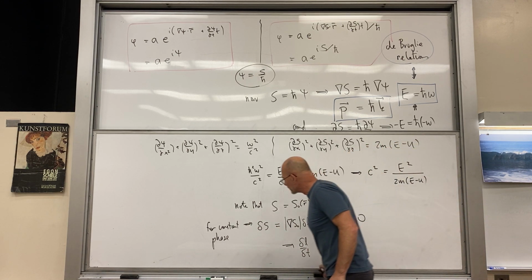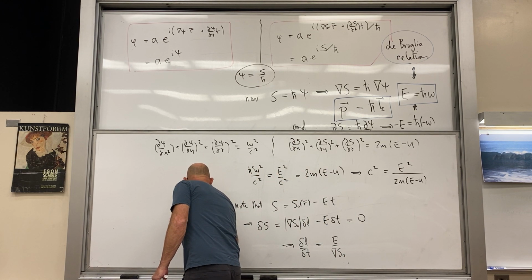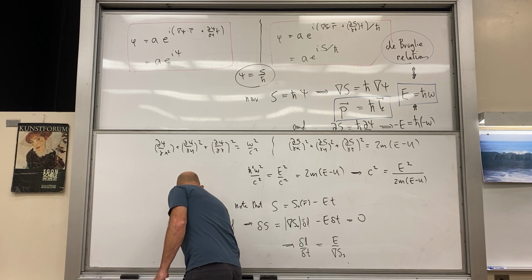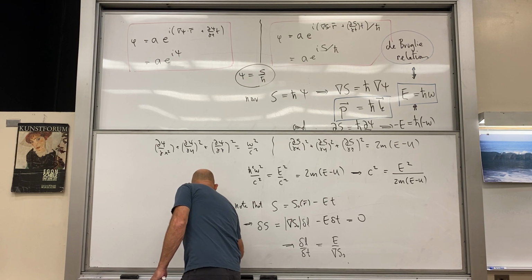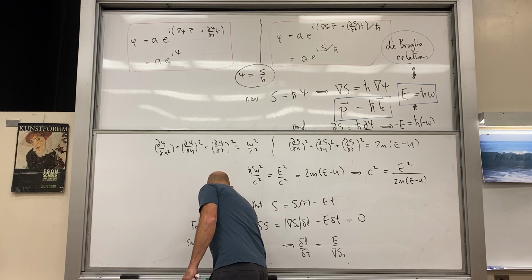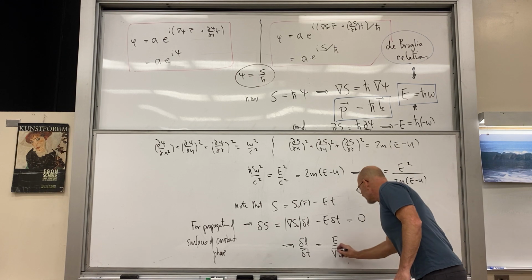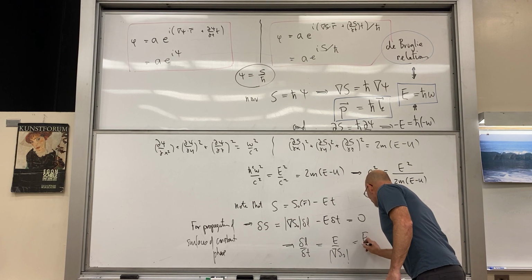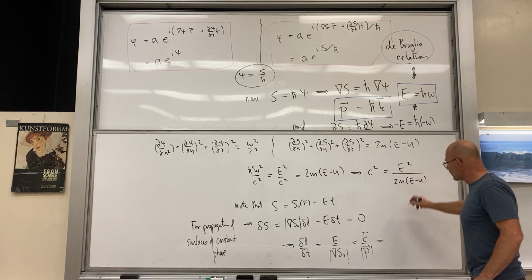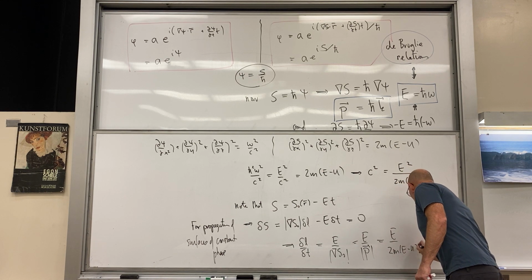Let's put that in words so that everything's complete here. Propagation of surfaces of constant phase: E over the magnitude of the gradient of S naught. Well, that's E over the magnitude of p, and that's E over the square root of 2m(E minus U).